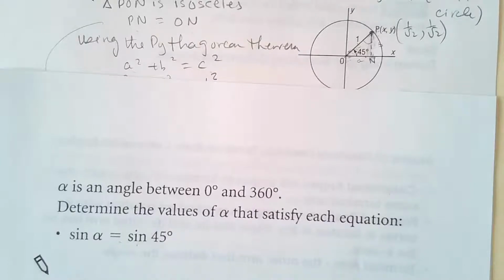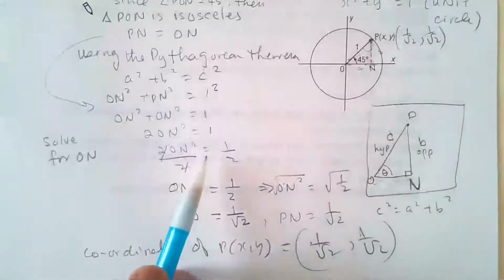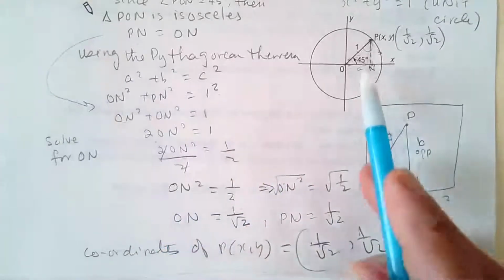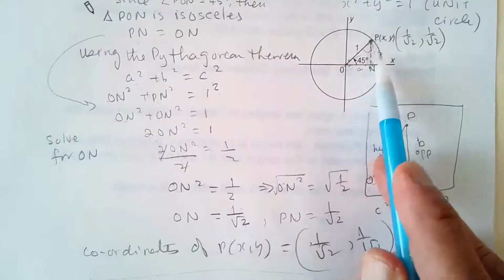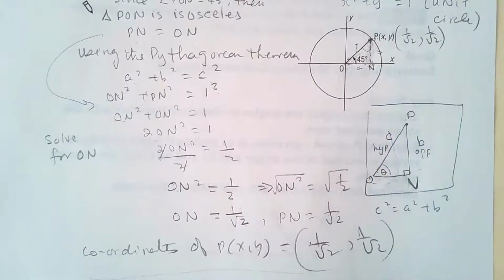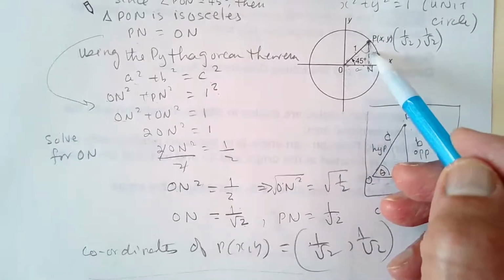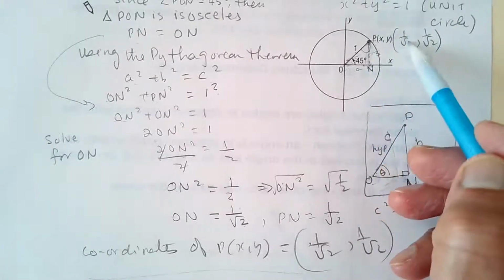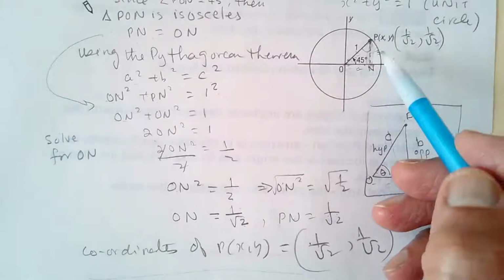I forgot to mention, if we look at this graph to find tangent of 45 degrees, the tangent is opposite over adjacent, which is y over x.